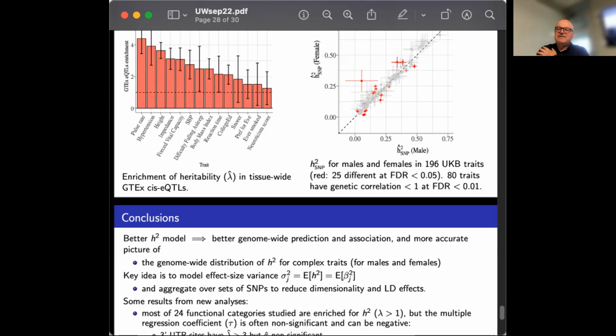I guess so. But the argument is that very, very rare things are kind of useless for population-based prediction. But all of us have got some very rare variants, right?